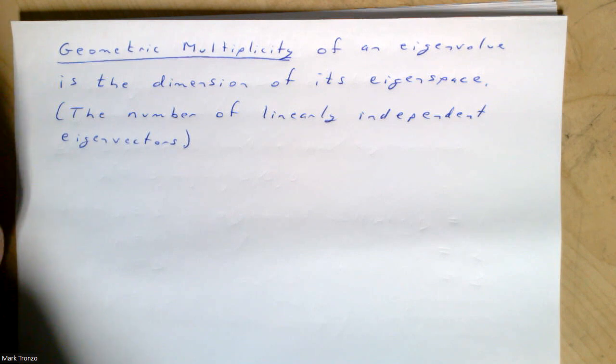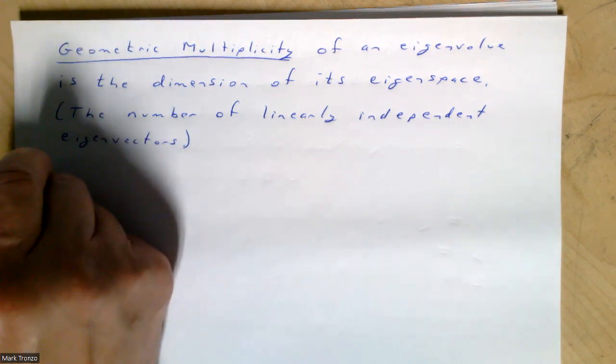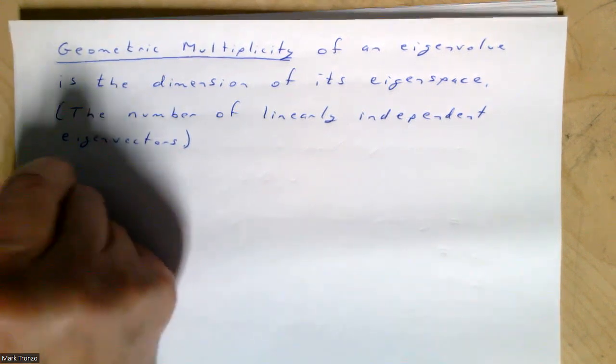Now, as I said before, if you have duplicate eigenvalues, you may or may not have more than one eigenvector. So let's do an example to kind of show.